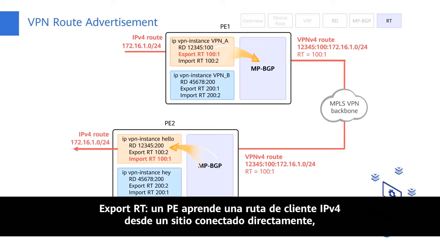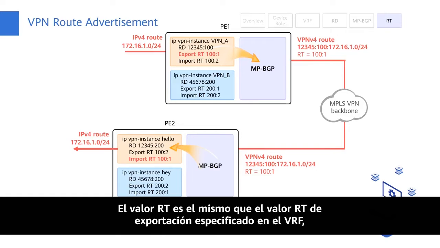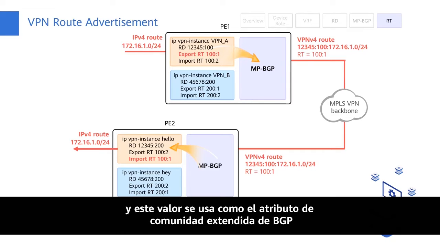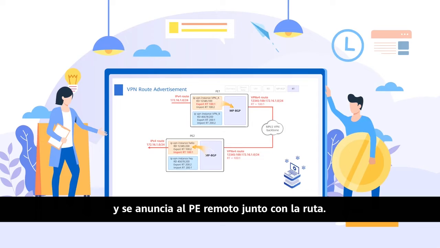Export RT: A PE learns an IPv4 customer route from a directly connected site, converts it to a VPNv4 route, and then sets an RT for the route. The RT value is the same as the export RT value specified in the VRF, and this value is used as the extended community attribute of BGP and is advertised to the remote PE along with the route.